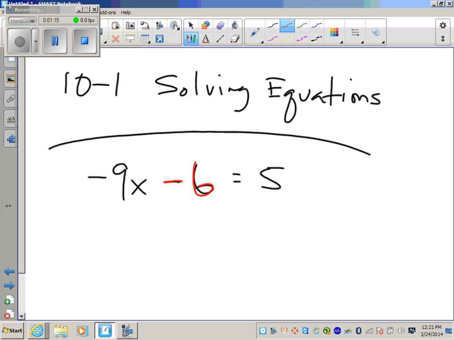How? Add it to both sides. Add the 6 here, leaves us with negative 9x is equal to 11. To get x by itself, I'll need to do what? Divide both sides by what kind of 9?